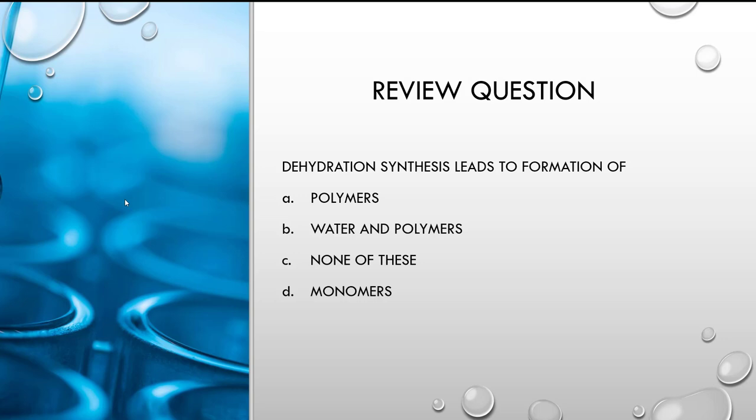Well, it leads to polymers and water. Both, right? Because we're dehydrating, so we're removing water to form a polymer. So we're doing both. It's polymers plus water, so B is the correct answer.